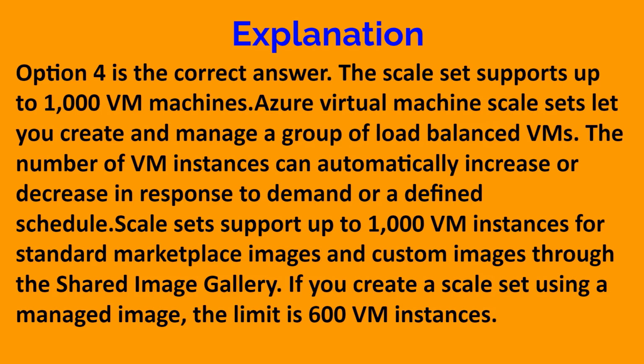Azure Virtual Machine Scale sets let you create and manage a group of load-balanced VMs. The number of VM instances can automatically increase or decrease in response to demand or a defined schedule. Scale sets support up to 1000 VM instances for standard marketplace images and custom images through the shared image gallery. If you create a scale set using a managed image, the limit is 600 VM instances.